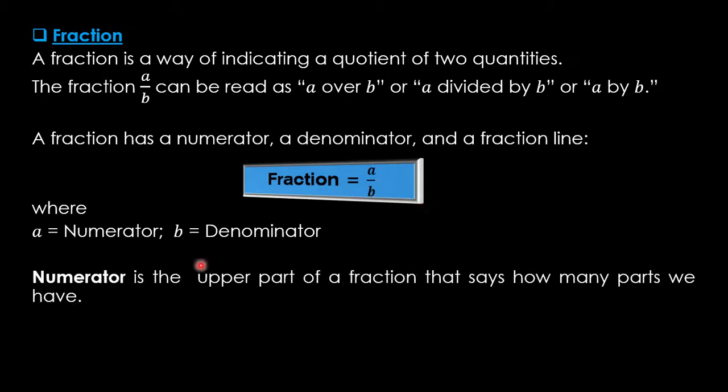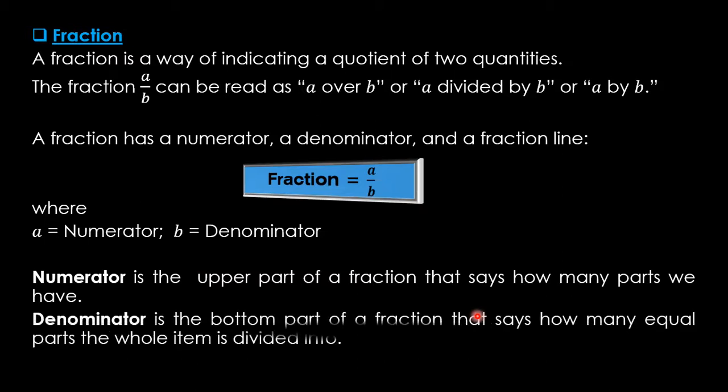It is the upper part of a fraction that says how many parts we have. The denominator is the bottom part of a fraction that says how many equal parts the whole item is divided into.